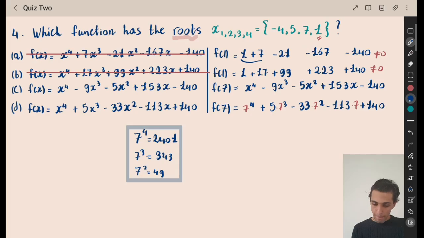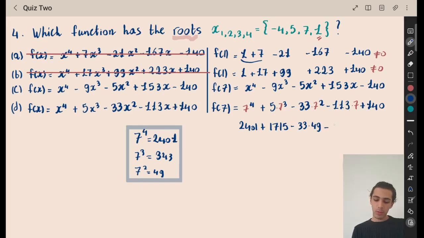So 7 to the 4th, 2401, plus 5 times 7 to the 3rd. Well, that's 343 times 5. And if you want to multiply by 5, you can multiply by 10 and divide by 2. It's a good trick. And in that case, you get 1715. Then you take away 49 times 33.